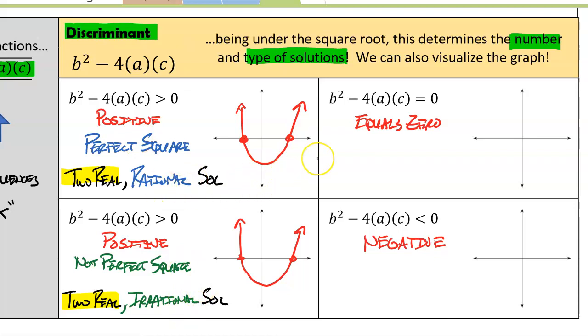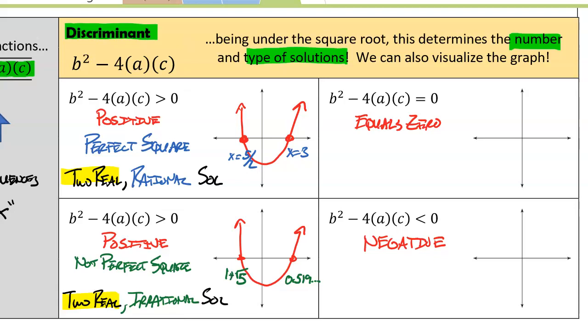What that really means is rational means we're going to get a nice value, like x is equal to 3, or x is equal to 5/2, some type of nice looking value, versus irrational, meaning that we're going to get something like 0.519 that doesn't repeat, or 1 plus the square root of 5, something that looks like a weirder answer. Okay, so it is important to note, as we're doing this, what type of answer we're going to get, 2 real rationals versus 2 real irrationals, and that all depends on whether it's a perfect square or not.